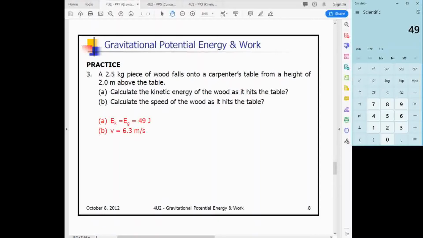So we'll take that 49, multiply it by the 2, which is the 1/2 on the other side, divided by the 2.5 kilograms, which is the mass, and then we have to find the square root of this. That gets us to 6.26, and looking back at our original question, we had two significant figures, so we rounded to 6.3 meters per second.